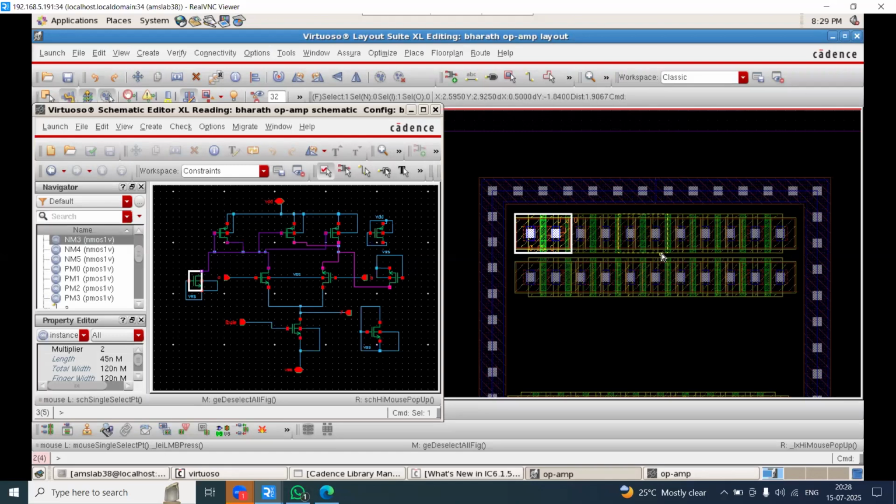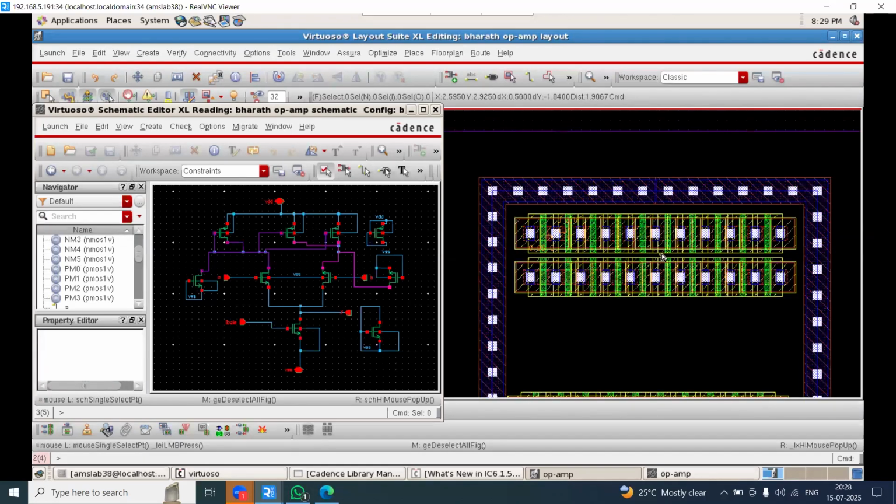I just made one simple dummy device in the corner to make it easily understandable. If you are making series stack dummies, again you will ask the question, sir, the internal net is floating. So we need to connect it somewhere. No need of connection. That is internal, just flowing from top to bottom in series. There is a break. That's it.